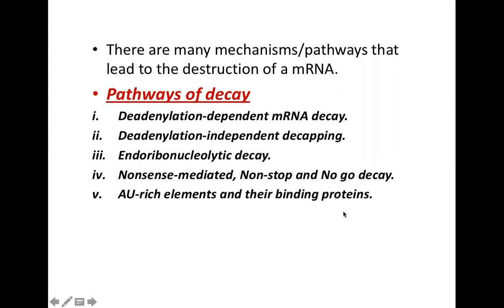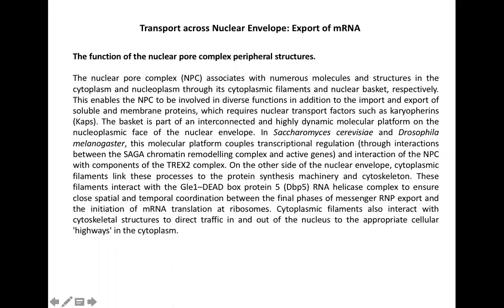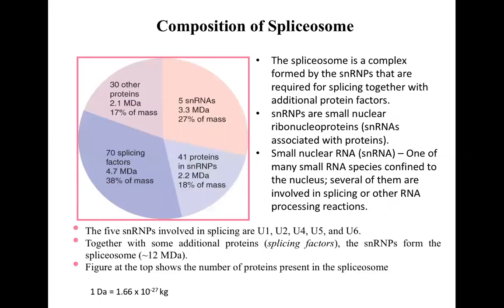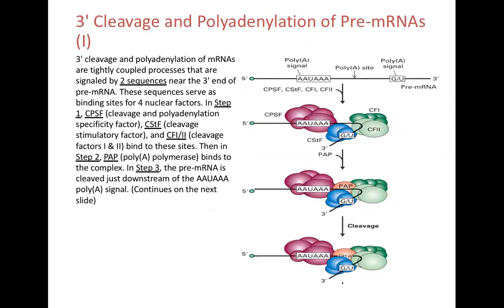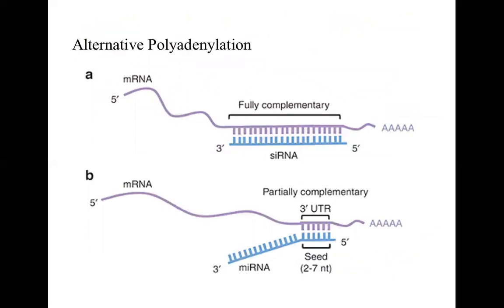That's the fifth phenomenon. We have discussed the poly-A tail also when we were talking about the addition of the poly-A tail, if you remember. Rather, we were talking about alternative polyadenylation, I think. Here, we talked about alternative polyadenylation.